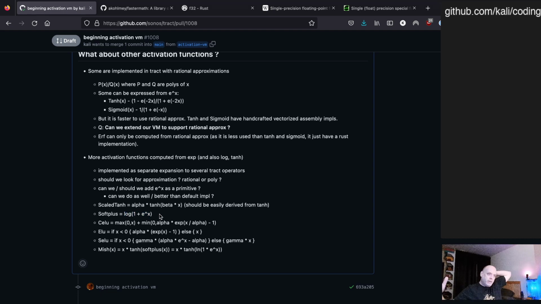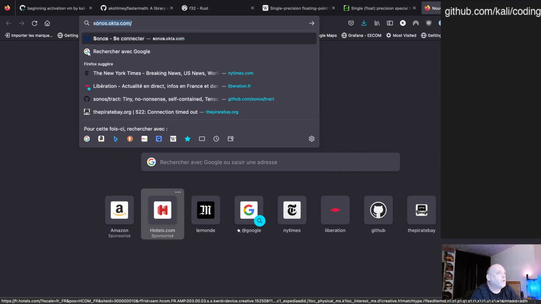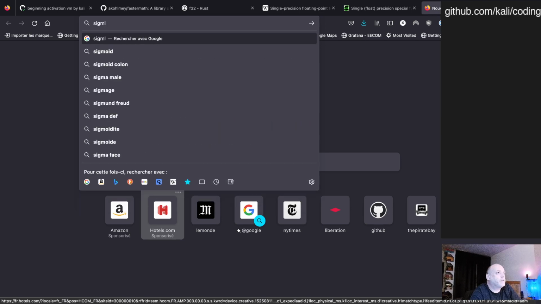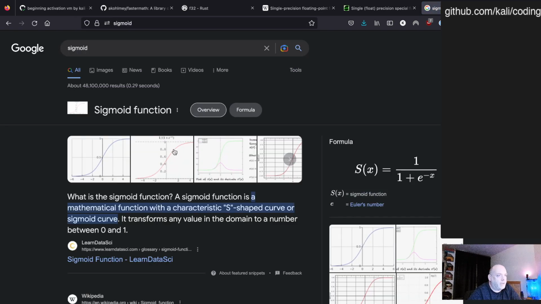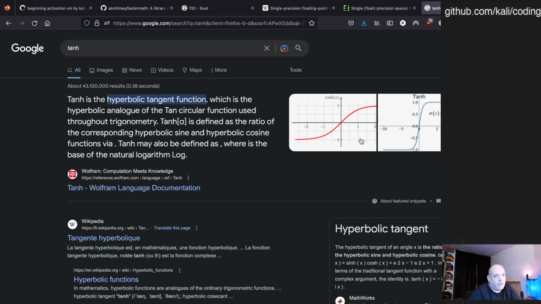I mean, either we implement them on top of exponentiation, but soft plus has to have a kind of, I mean, sigmoid is a big S, like that. Tanh is also a big S. So sigmoid goes from 0 to 1, and tanh goes from -1 to 1.